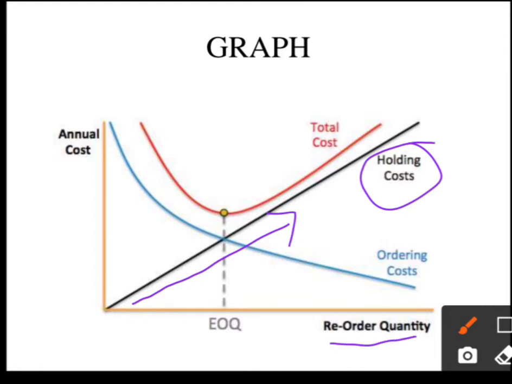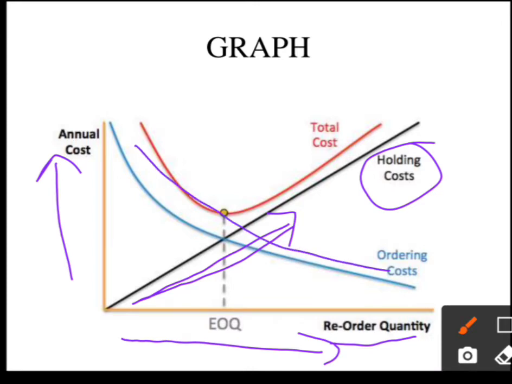As we move along the x-axis, as the reorder quantity increases, the holding cost is also increasing, and the ordering cost is decreasing.